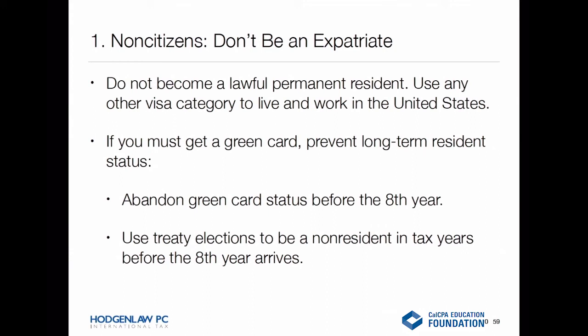They're able to use those treaty elections to be taxed as a non-resident for certain years and then come back and spend certain years in the US. We've worked with some clients where we've managed to do some long-term planning for them, and they've moved between countries and managed to avoid that status.